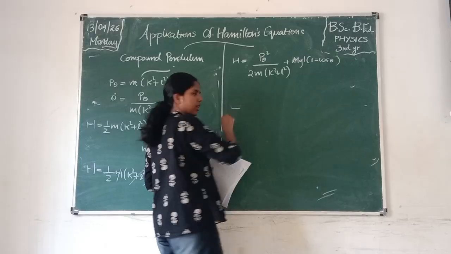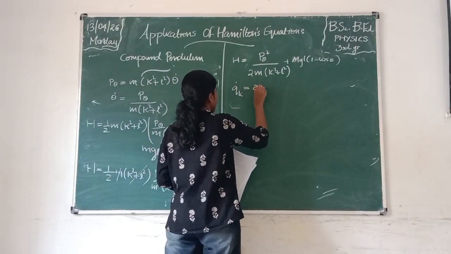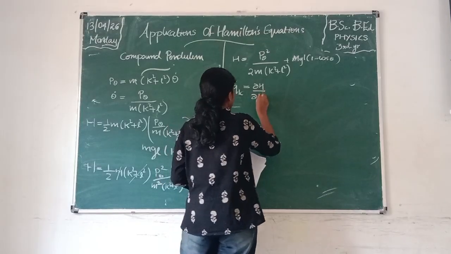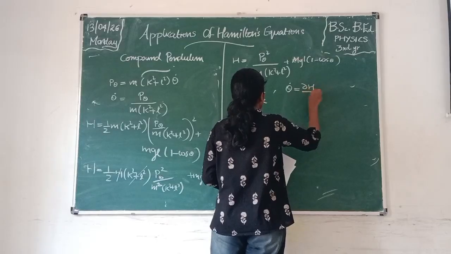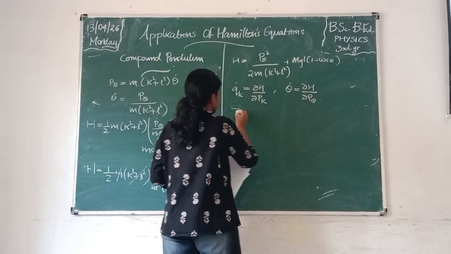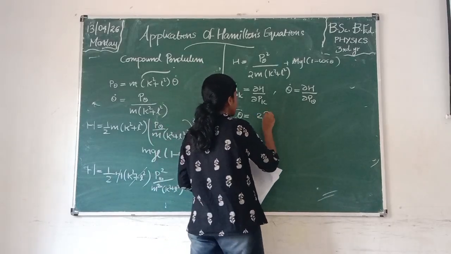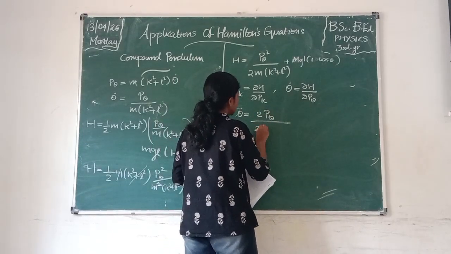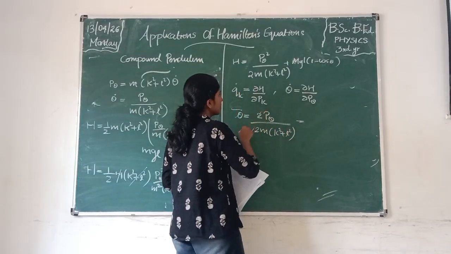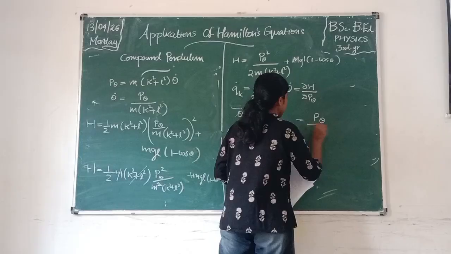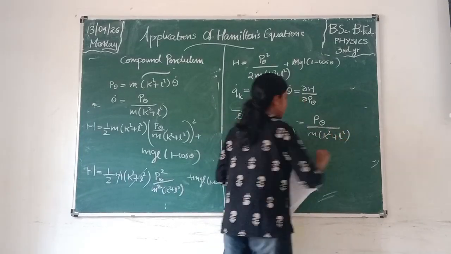What are the equations? qk dot is equal to partial H by partial pk. Here it is theta dot is equal to partial H by partial p theta. So theta dot will be equal to 2 p theta by 2m into k square plus l square. That will be equal to p theta by m into k square plus l square.